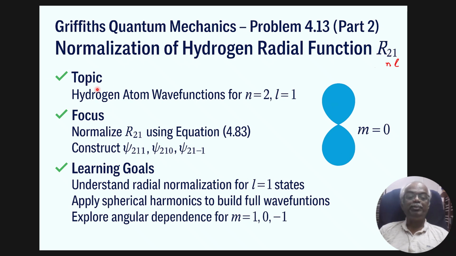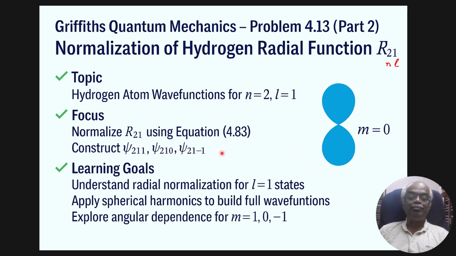So the topic covered is that we are going to find the hydrogen atom wave function for n equal to 2 and L equal to 1. We will focus on the normalization of R21 using equation 4.83 of Griffiths, and construct psi 211, psi 210, and psi 21 minus 1.